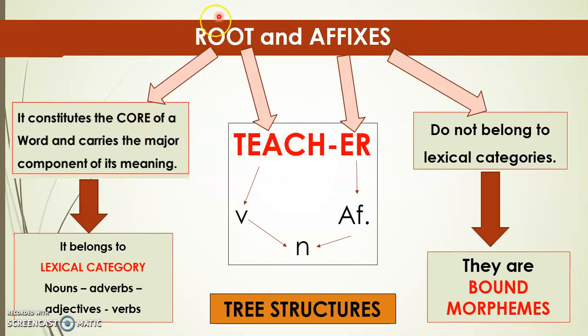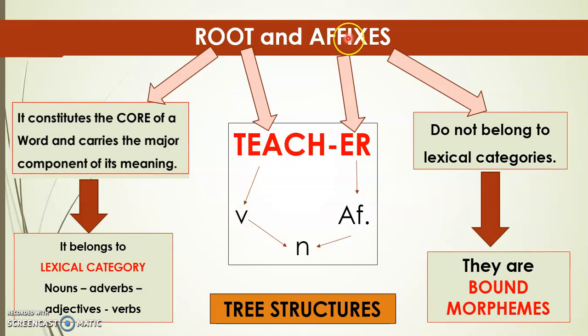The root constitutes the core of a word and carries the major components of its meaning, and it belongs to lexical categories: nouns, adverbs, adjectives, or verbs. So we have the example teacher. Teach is the root because it belongs to a lexical category, it is a verb, and it carries meaning.